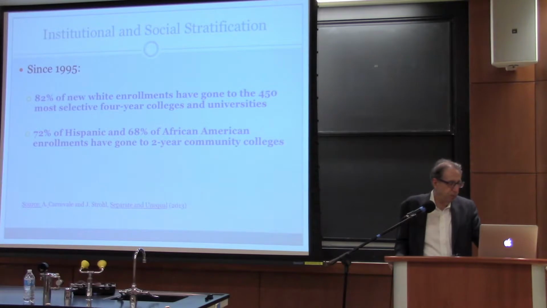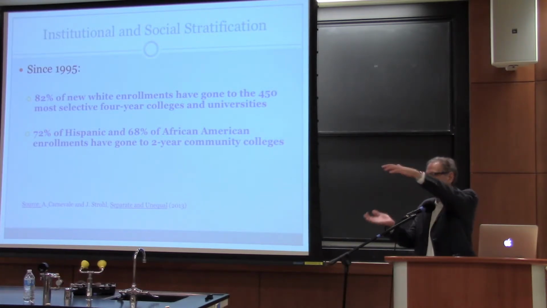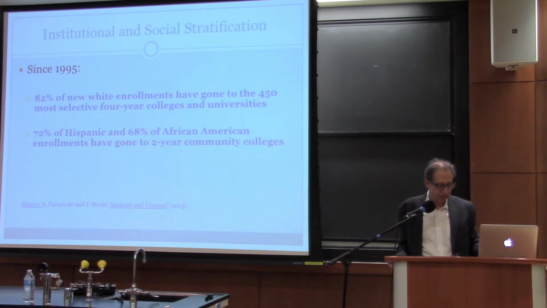And 72% of Hispanic and 68% of African American enrollments went to community colleges. So you've got institutional stratification and racial and ethnic stratification coinciding with it. That's an issue.